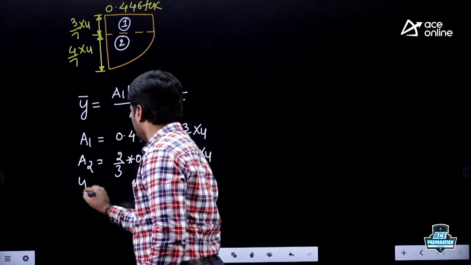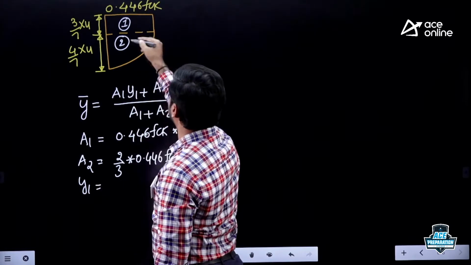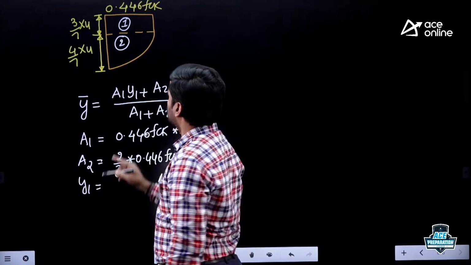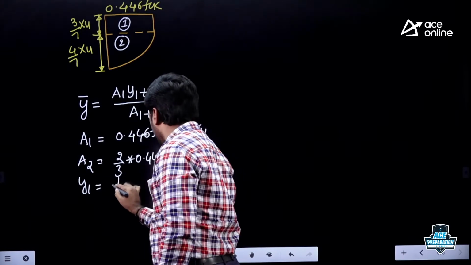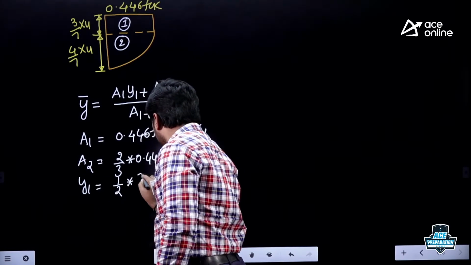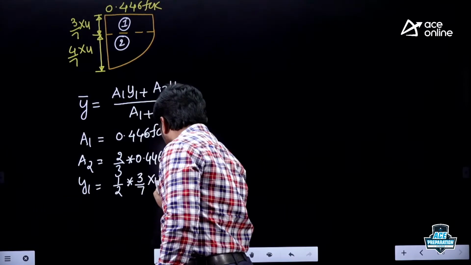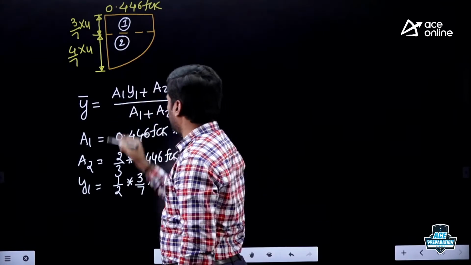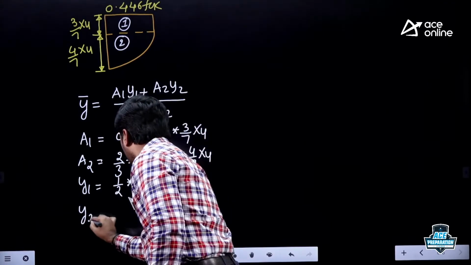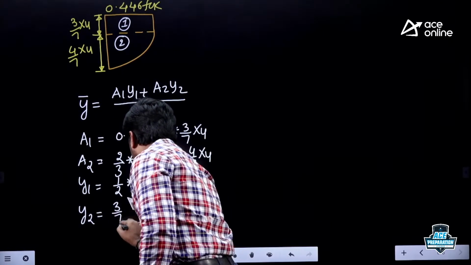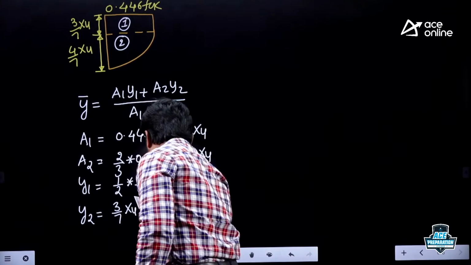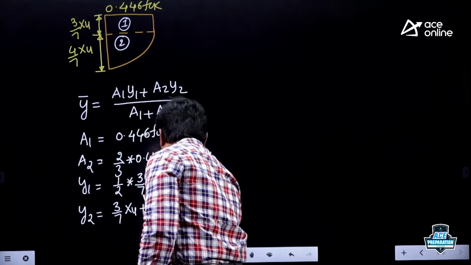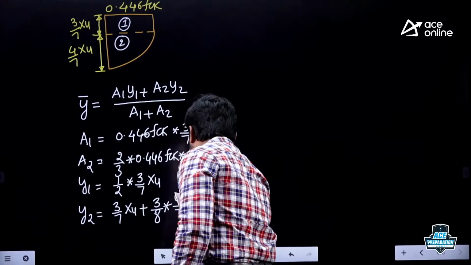Then what is y1? Y1 is, my dear, a rectangular portion, so the centroid will be half of the depth. Then what is the centroid of the parabola? From top I want y2 equals 3 by 7 XU plus 3 by 8 times h, where h is 4 by 7 XU.